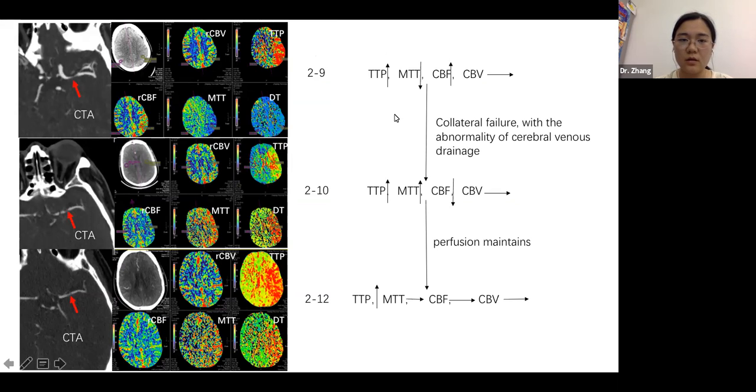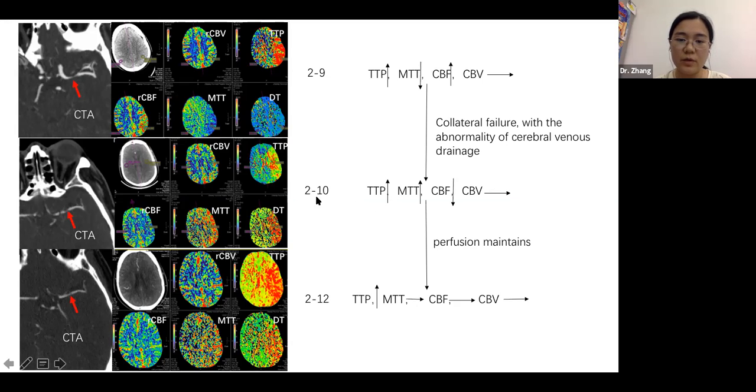And then we know that the onset of the stroke may be because of the collateral failure, because this patient was an ICAS patient. And not only the collateral failure, but also with the abnormality of cerebral venous drainage. Because of this, we can see the change of perfusion deficit in his second CT perfusion.